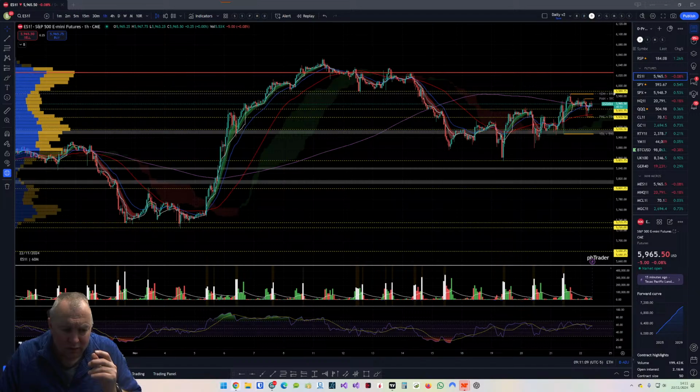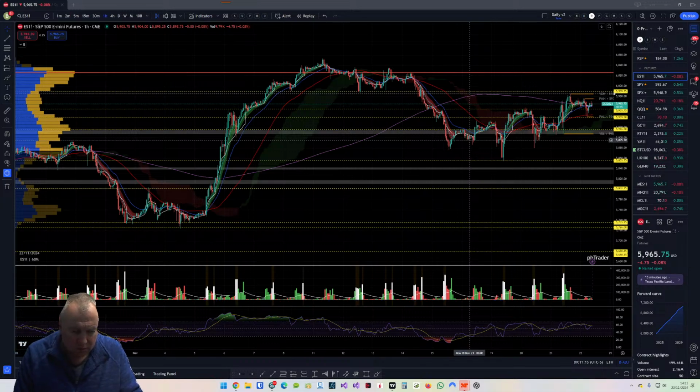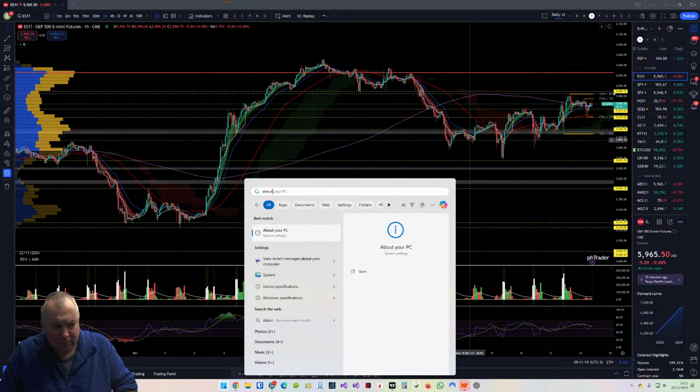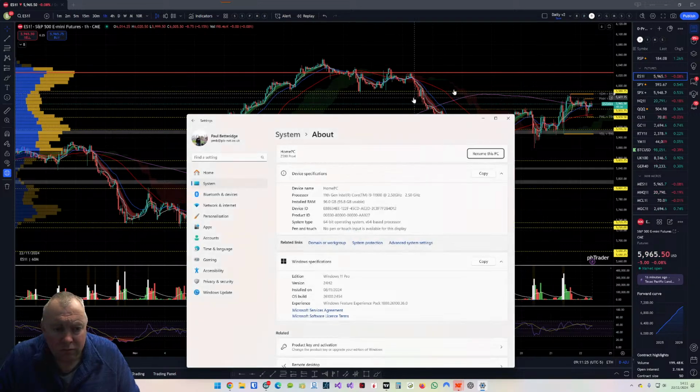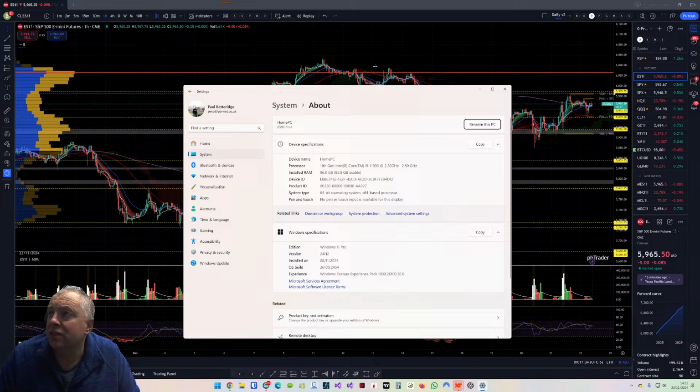Look, my PC is like 96 gigs of RAM. I'm definitely not running out of RAM. I've got an 11th gen i9. Is that 8 core, 16? I think it's 8 core and 16.